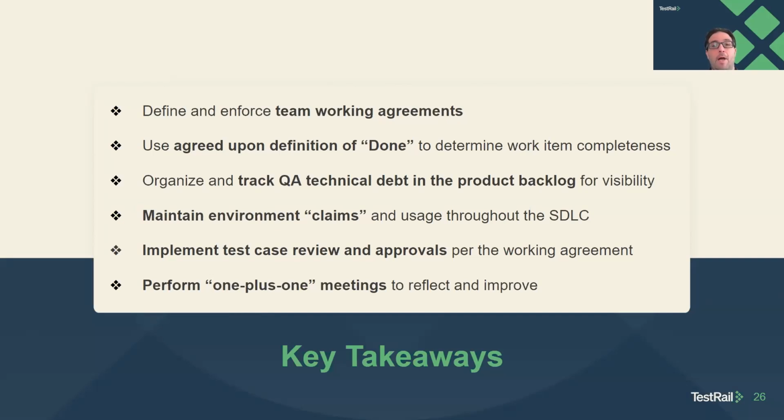Managing environment claims: how do you manage and utilize your actual test environments to not hinder but accelerate your process and ensure high quality? Implement test case reviews and approvals. We should have high quality reviews on tests, just like we do for application code. Again, this comes back to the working agreement and definition of done, and all the things that should come full circle and work together.